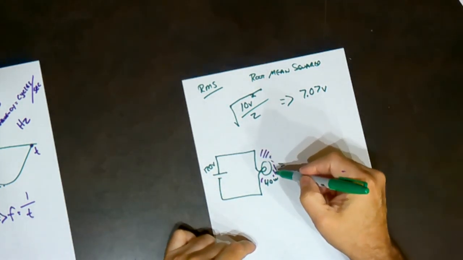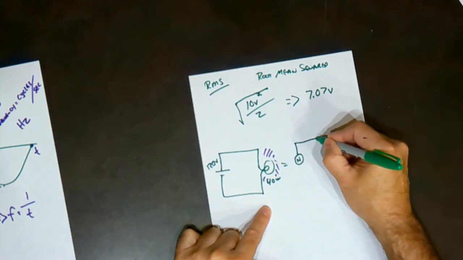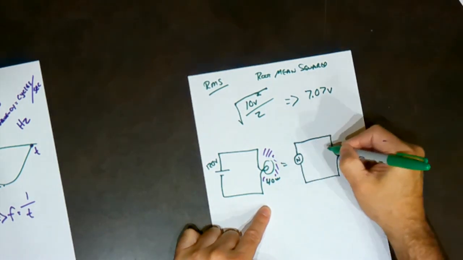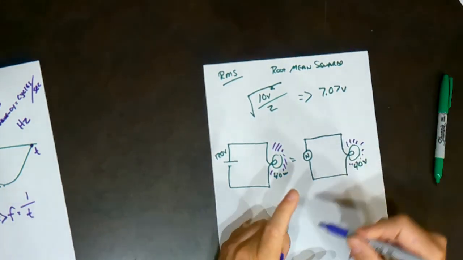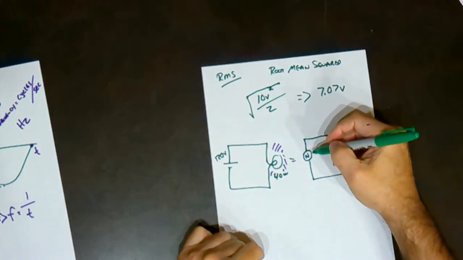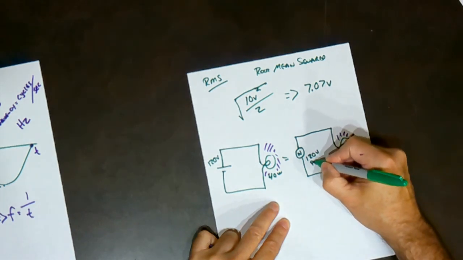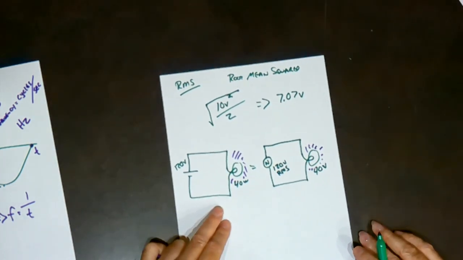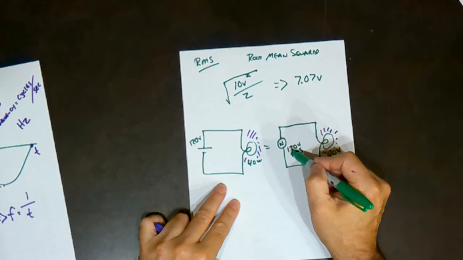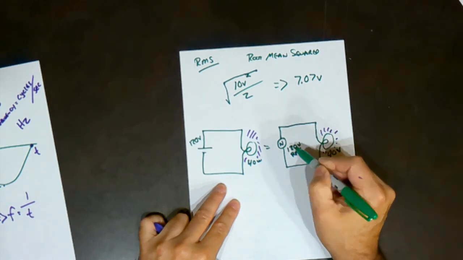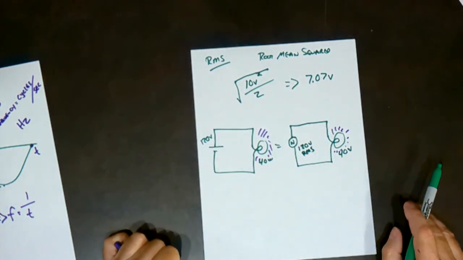If I want the same amount of brilliance out of the same light bulb, but in an AC system, again, the equal power, so 40 watts with the same brilliance, I must set the voltage to 120 volts of RMS value. So that means that if I set the AC waveform to 120 volts RMS, I will get the same amount of power delivered to the load as if I was doing it with a DC supply.